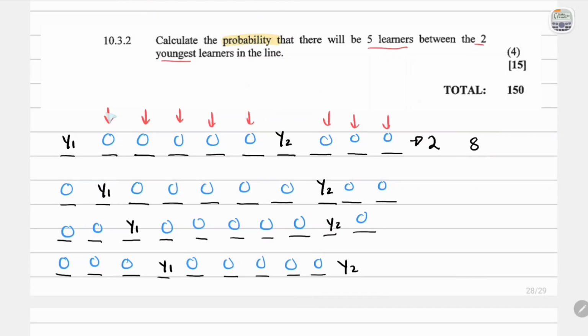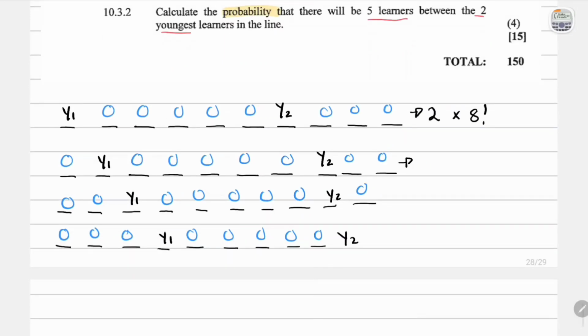And then after the first learner is seated, the second learner out of the 8 has 7 more positions to sit at. After that learner is seated, the third one has 6 more positions, and then 5, 4, 3, 2, and 1. So that is 8 factorial. So to find the total seatings, it would be 2 times 8 factorial.